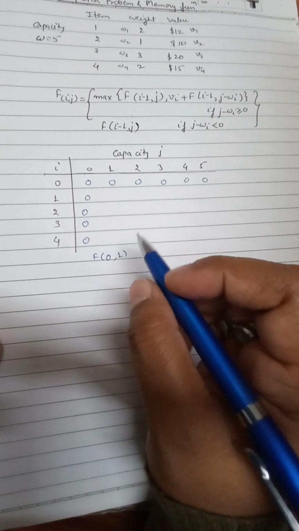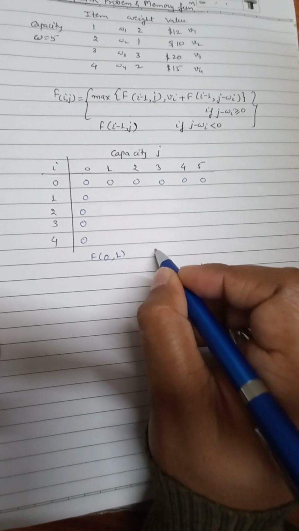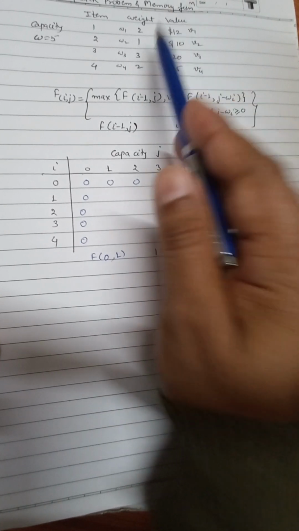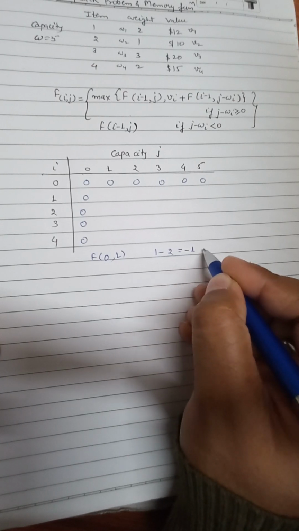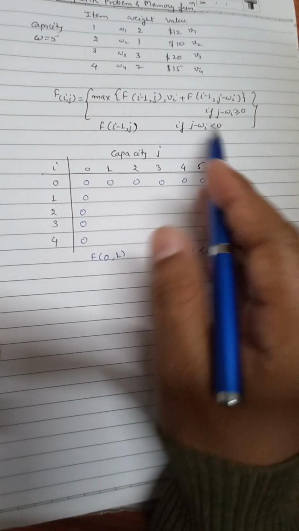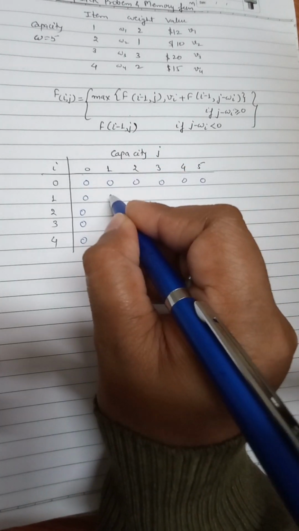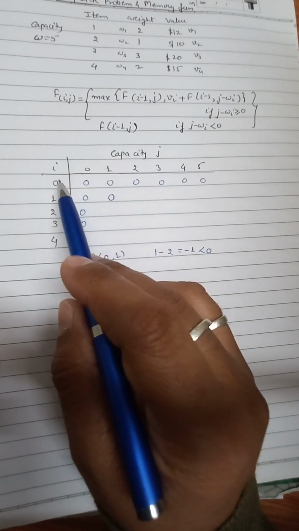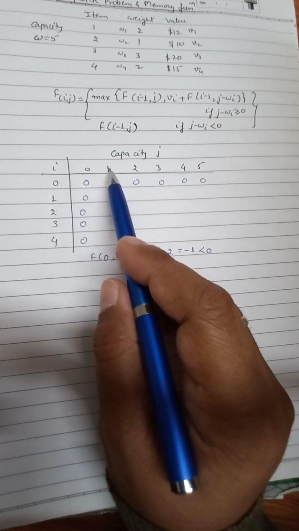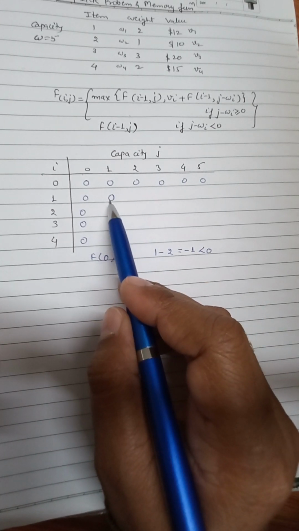Here J value is 1, and Wi means W1 value is 2. So 1 minus 2 is minus 1, which is less than 0, so its value will be 0. So we are writing here 0, because the 0th row, first column value is 0. That's why we are putting 0 here, right?